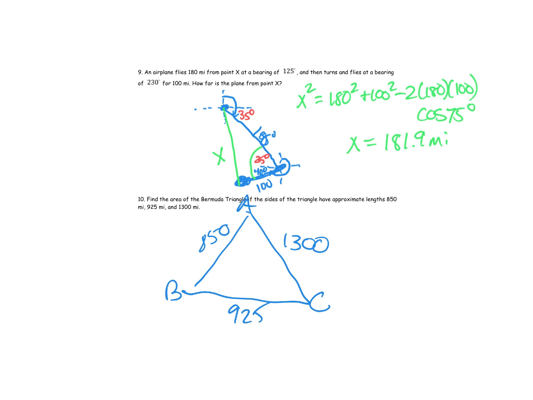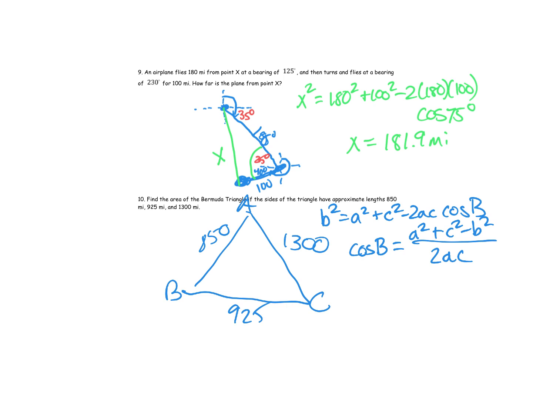So remember, to find angle B, I can manipulate this formula. B squared equals A squared plus C squared minus 2AC cosine B. So if I solve for cosine B, that's going to be A squared plus C squared minus B squared over 2AC. So let's fill that in.